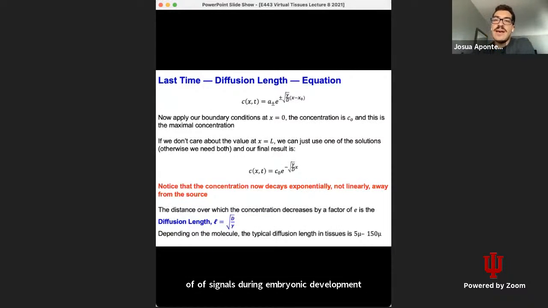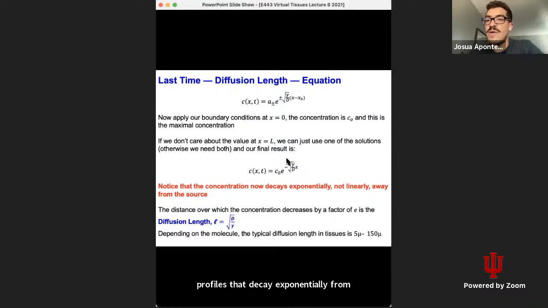Then we explained that when we account for this decay, we go from a regime where the concentrations decrease linearly from the sources, to concentration profiles that decay exponentially from the source.